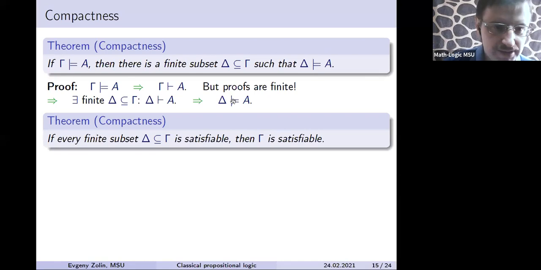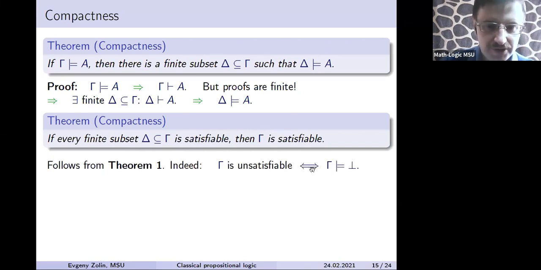Another form of compactness, an equivalent formulation. If every finite subset of formulas is satisfiable, then the whole set gamma is satisfiable. So if you have infinitely many formulas and each finite subset is satisfiable, then the whole set of formulas is satisfiable. And again, this follows easily from the first theorem. This is just an equivalent formulation because gamma is unsatisfiable if and only if gamma implies false.